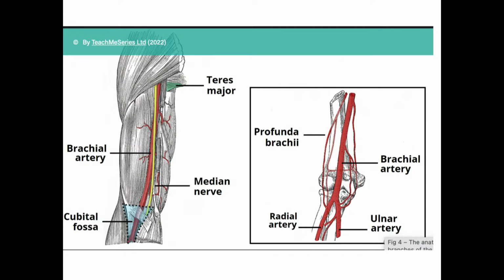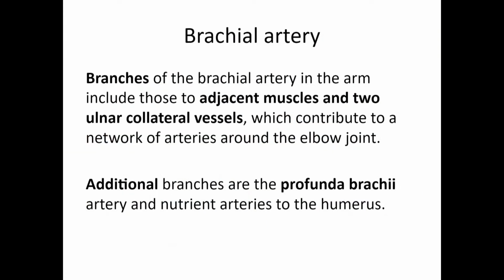The brachial artery has branches. Branches of the brachial artery in the arm include 2 adjacent muscular branches and 2 ulnar collateral vessels, which contribute to the network of arteries around the elbow joint. Additional branches of the brachial artery are the profunda brachii arteries, and mostly their function is to give nutrients to the humerus.